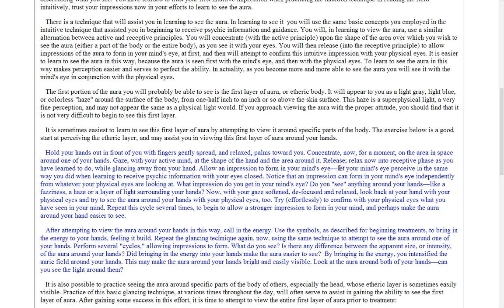Release now. Relax into receptive phase as you have learned to do while glancing away from your hand. So now you just let your eye become unfocused. It's almost like you're still looking at the same spot, but you're not. You're just there. You're just present.